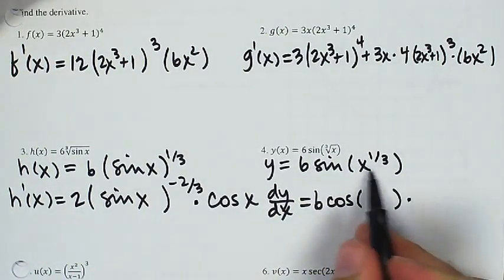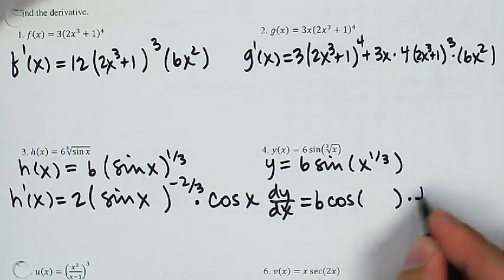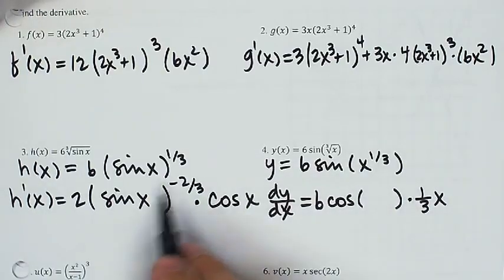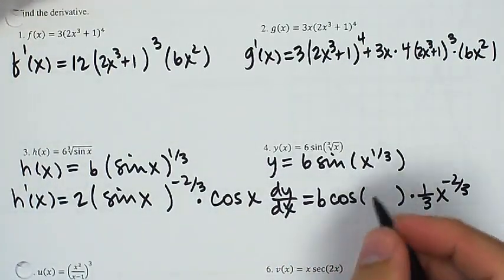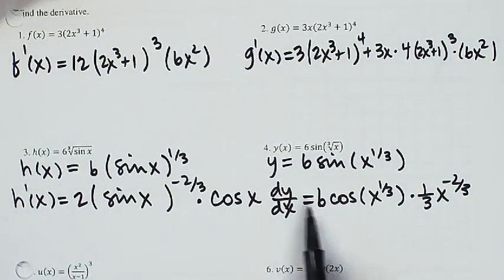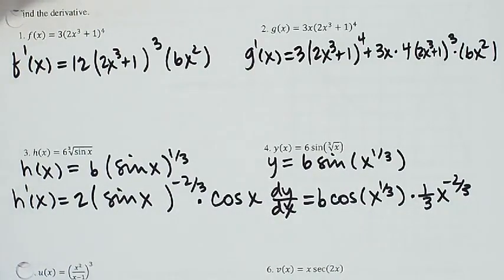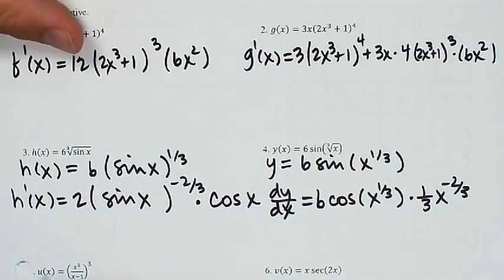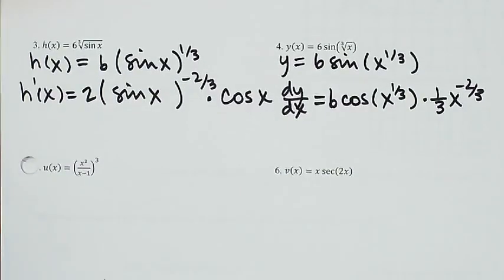But then I need to multiply by the derivative of the inside. So x to the 1/3, its derivative is 1/3 x to the negative 2/3, for reasons I discussed over there. And so, leaving the inside the same, I'm going to have that. And you could definitely combine these and put that in the denominator if you wanted to, but you could also not.